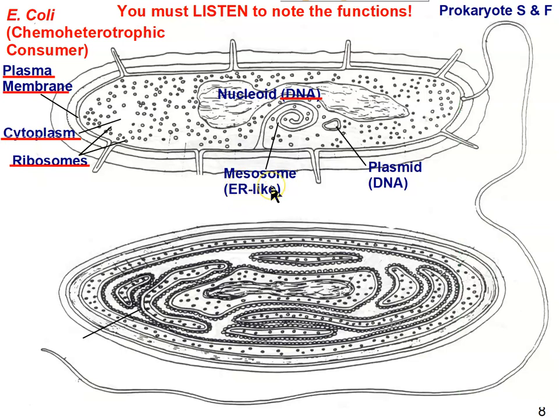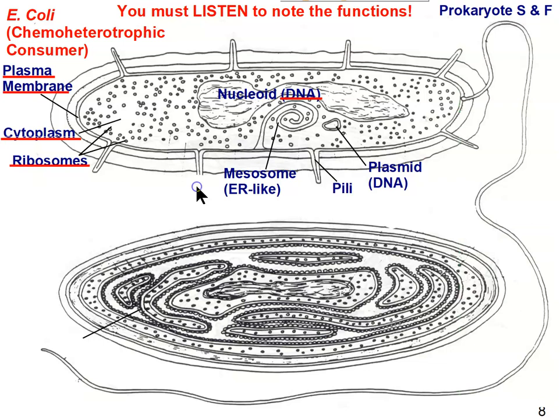But the endoplasmic reticulum functions in protein and lipid synthesis and processing. Protein and lipid synthesis and processing. And it's kind of mysterious what the mesosome does here in prokaryotes, but it's thought that the mesosome is ER-like in its function.